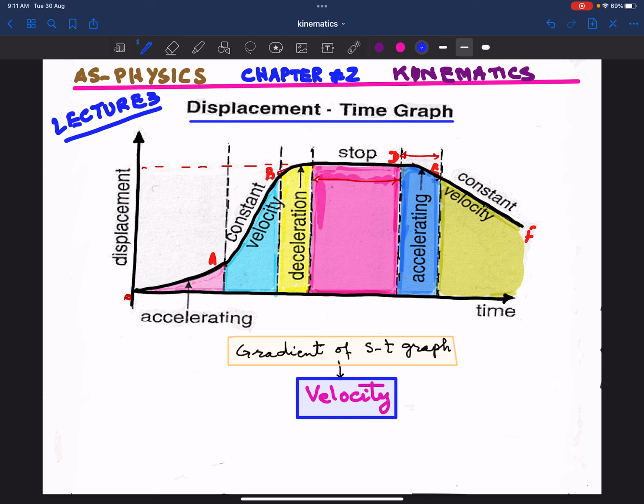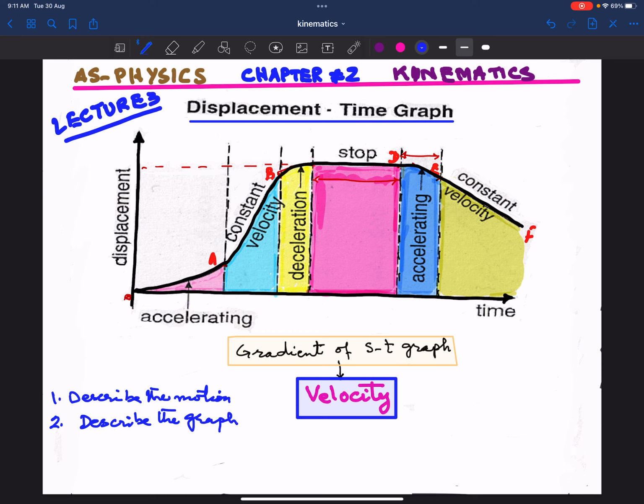Basically, if you have any question, there may be 2 aspects as far as the graphs are concerned. One is that they have given you a description of the motion. Number 2, they will describe the graph.